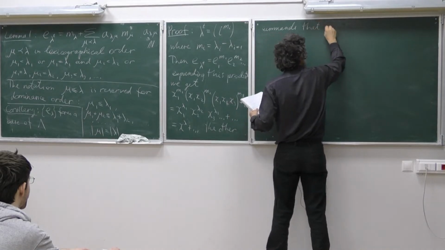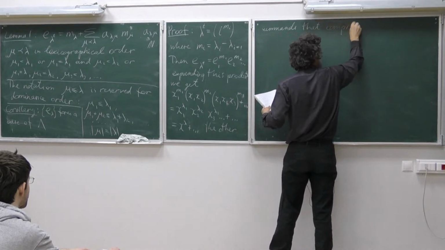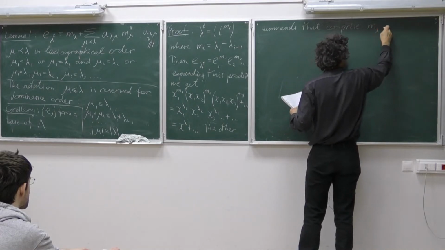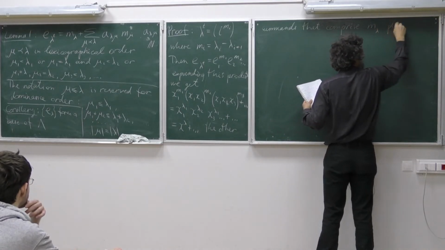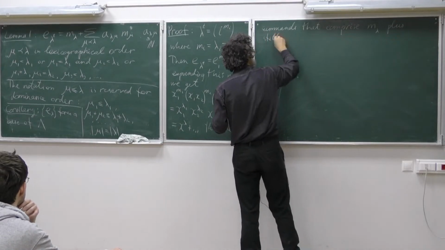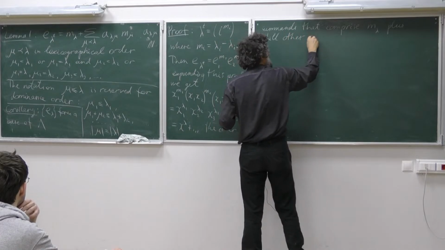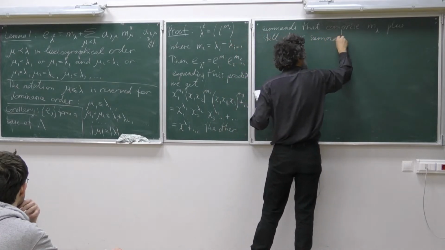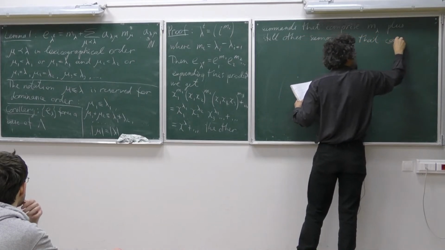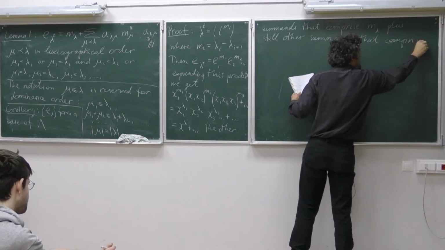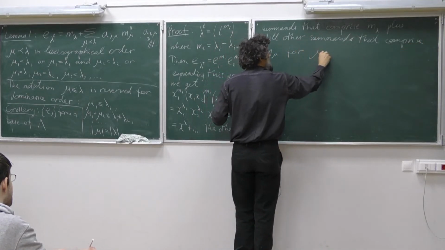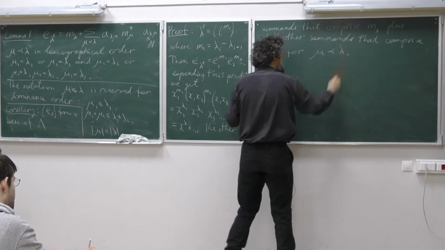That comprise m lambda plus still other summands that comprise m mu for mu lexicographically smaller than lambda.